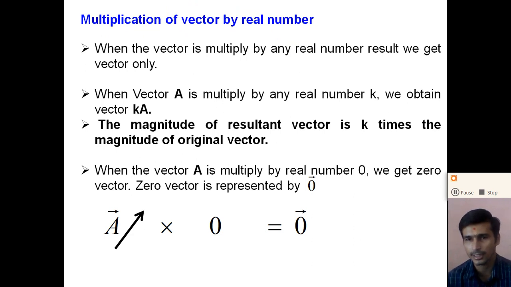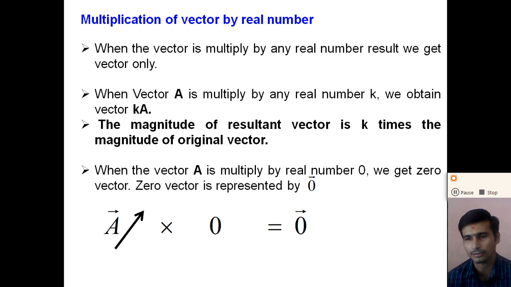You know, all the positive numbers and all the negative numbers, including 0, are called real numbers. Here, when a vector is multiplied by any real number, the result we get is a vector only. The result is also a vector quantity.